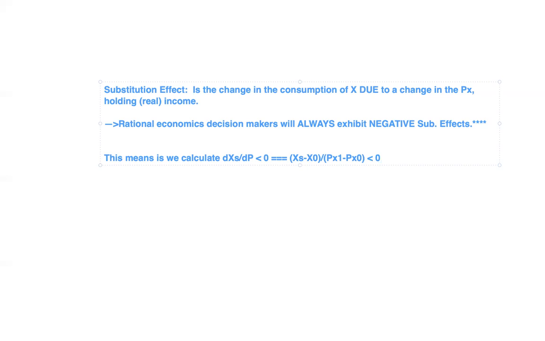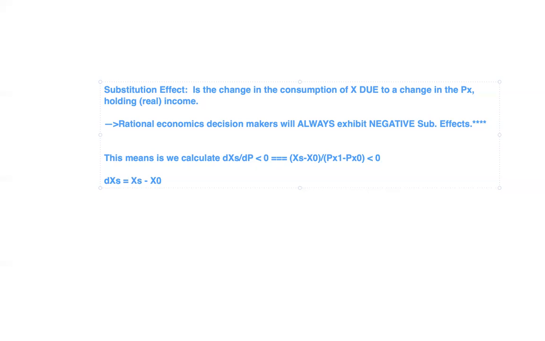Okay, so it's negative. And yeah, I think that on Ignithium question number 20, they say, what is the impact of the price change due to the substitution effect or whatever? And they're just asking for you to calculate dxs, which is the xs minus the x0.